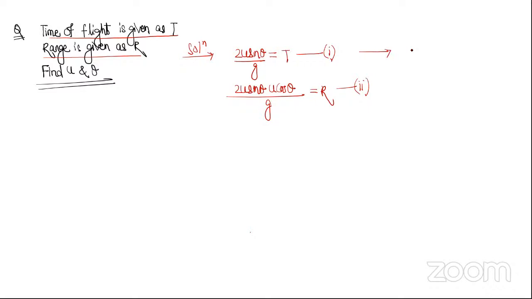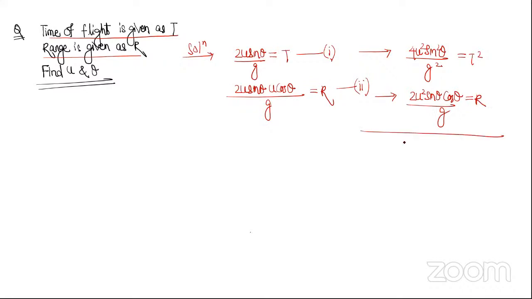So let's square the first equation. This becomes 4u square sin square theta by g square equal to t square. Sorry, no need to square this, keep it as u square sin theta cos theta by g equal to r. Now divide. When you divide, u square gets cancelled out, then 4 by 2 you have 2, and then you have g, and then sin square theta over sin theta cos theta, so sin theta will get cancelled out, and you will have tan theta equal to g t square by 2r.